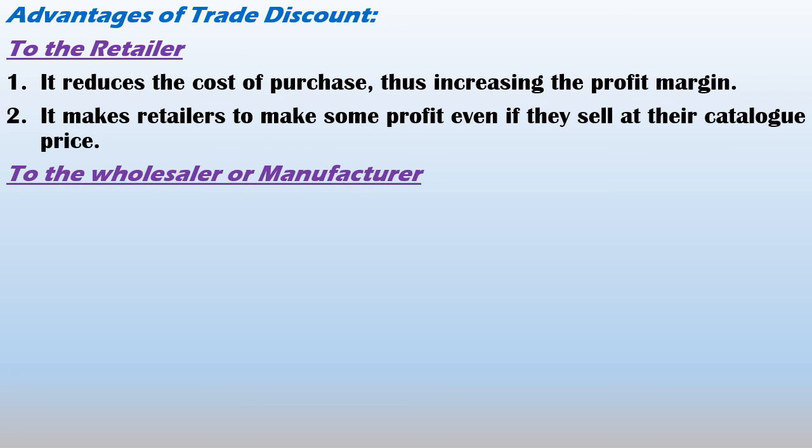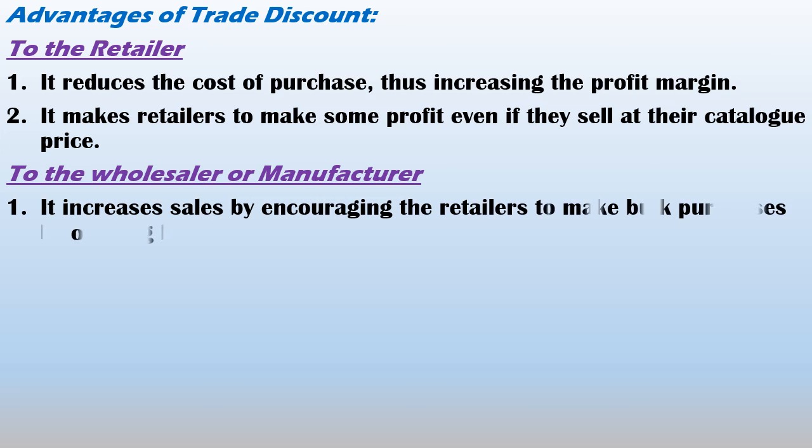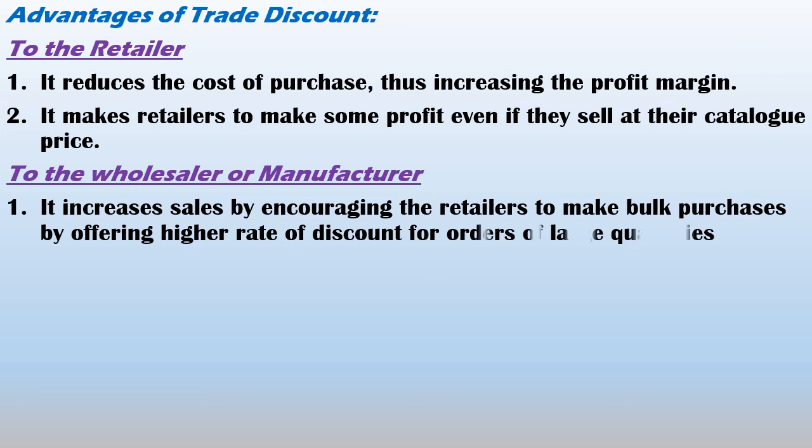To the wholesalers or manufacturers, it increases sales by encouraging the retailer to make bulk purchases by offering a higher rate of discount on large quantities. So here they attract the retailers to buy in large quantity by offering them trade discounts, and so the sales increase.